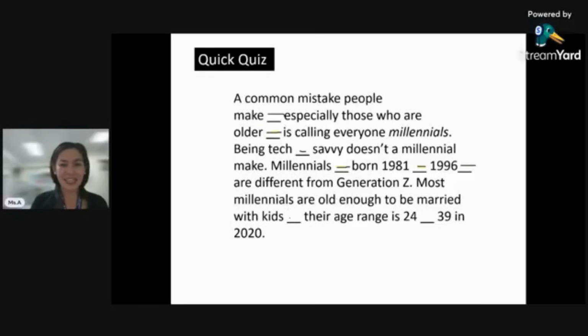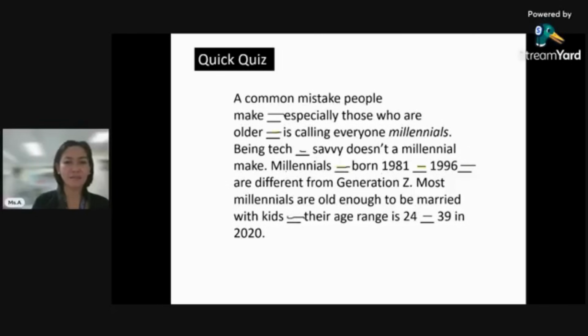And again, here, you could add M dash. Naku po, sorry. Their age range is 24 to, since you have the range, N dash lang yan. Okay. In 2020. Yes po, yung soft copy po nito, ibibigay ko po kay Sir Kirk.